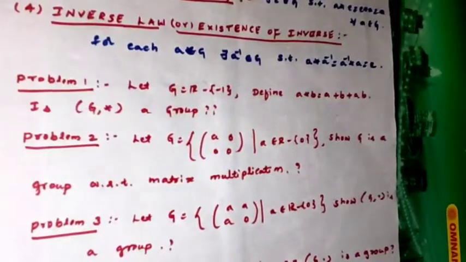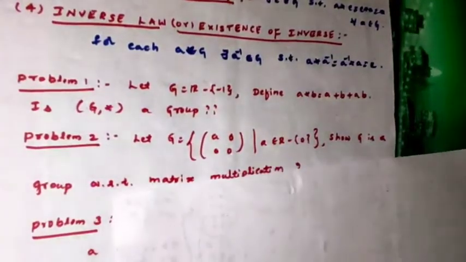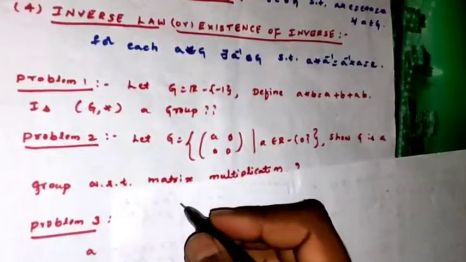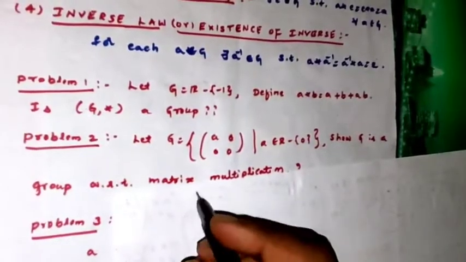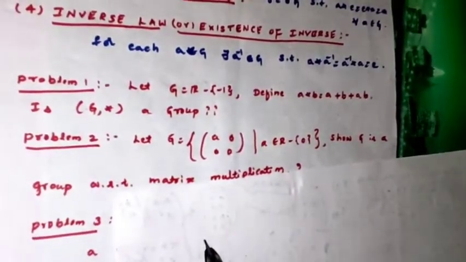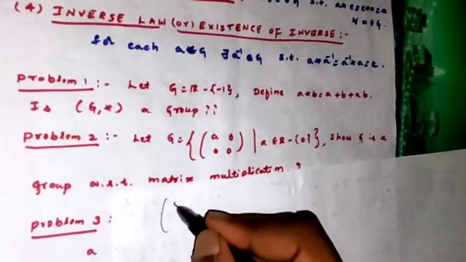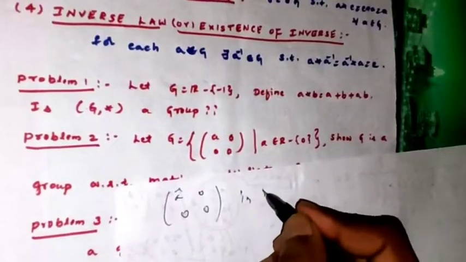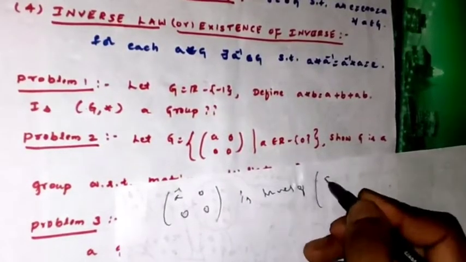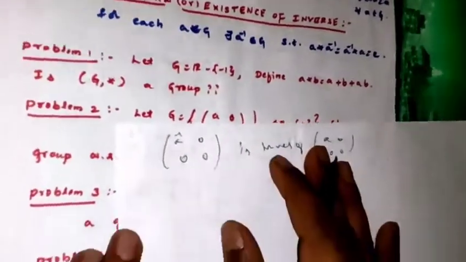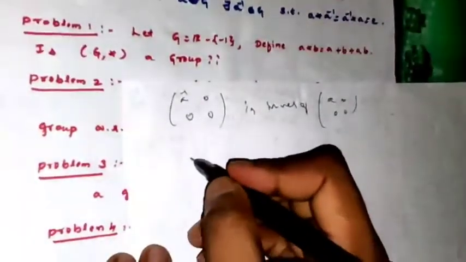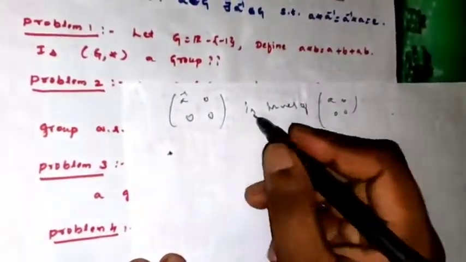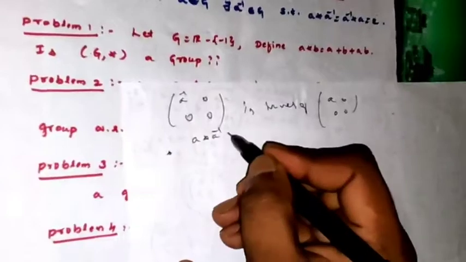Now we have to find the inverse element. How do we find the inverse element of this group G? Suppose I consider [a inverse 0; 0 0] as the inverse of [a 0; 0 0]. The condition is a star a inverse is equal to e.